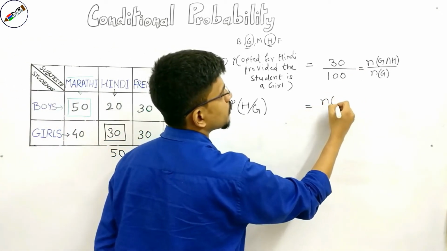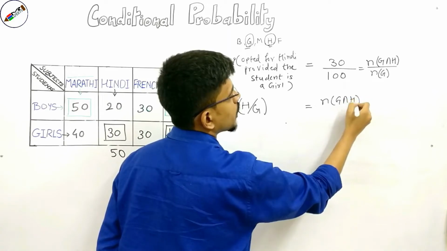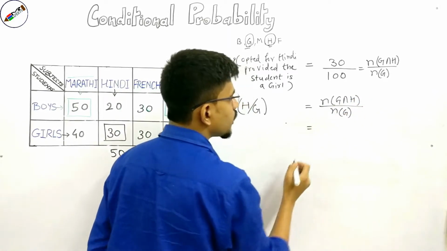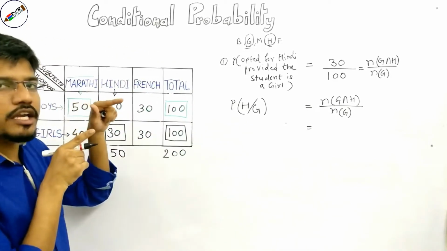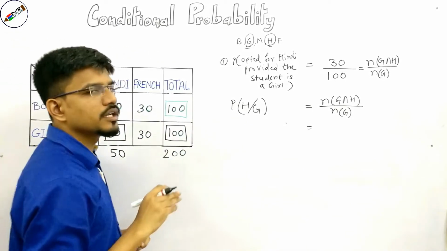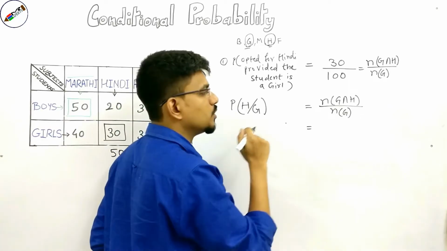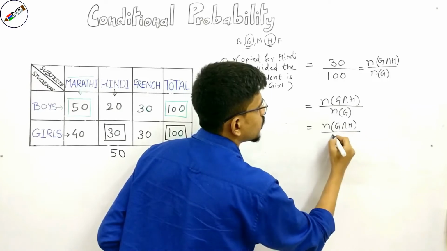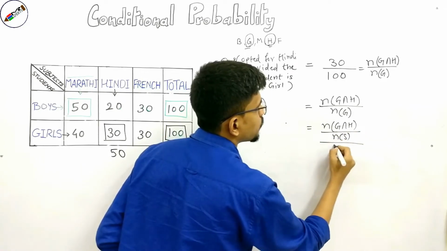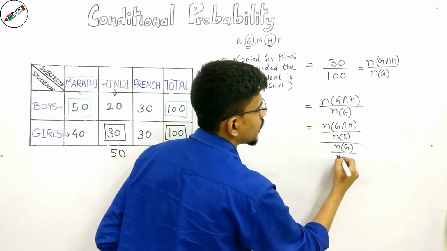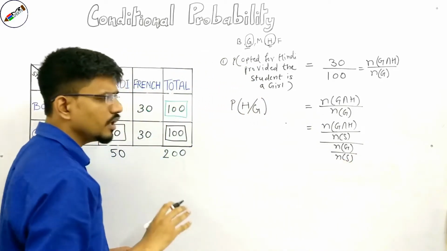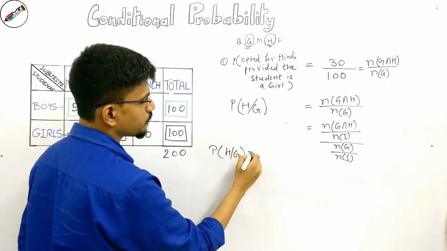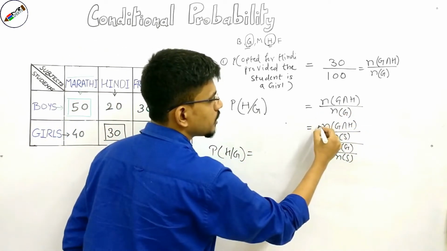So this is nothing but number of G intersection H upon number of G. Now what I would do is I will divide numerator and denominator both by number of sample points, which is number of G intersection H upon number of sample points upon N of G upon N of S. Now you can see that this is the actual definition of probability.